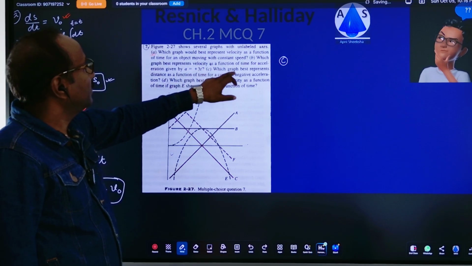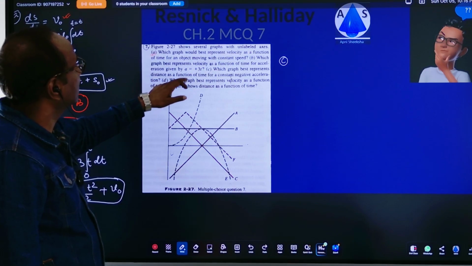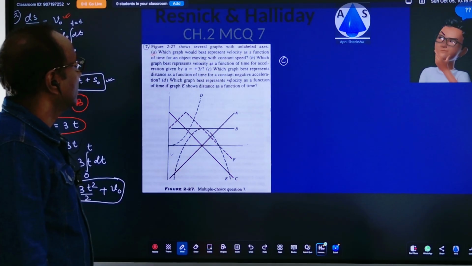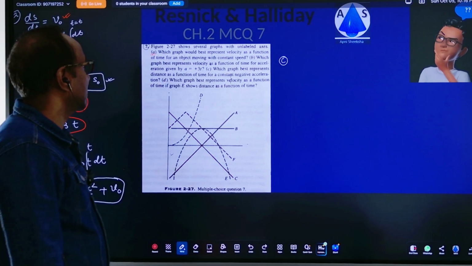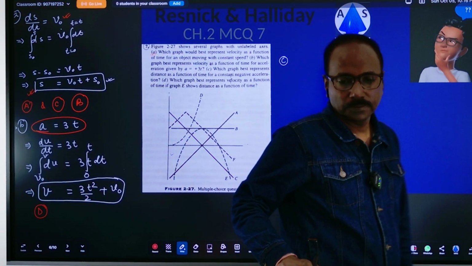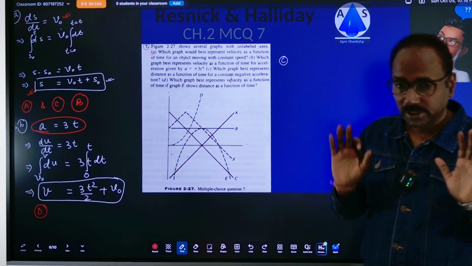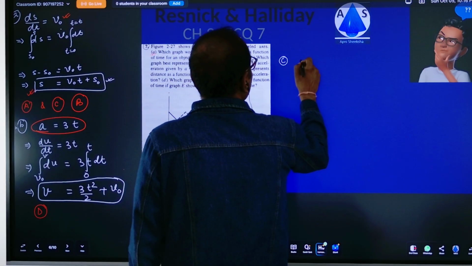Which graph best represents distance as a function of time for a constant negative acceleration? It's constant negative acceleration. So what does this mean?